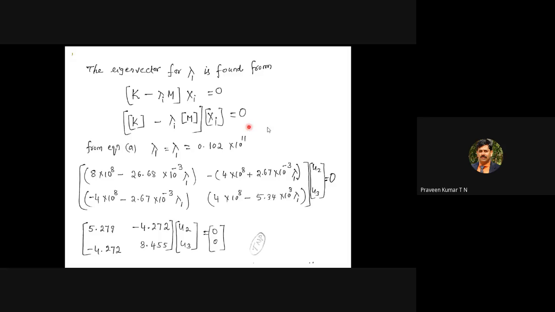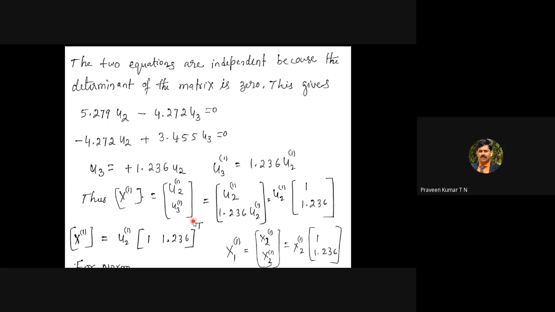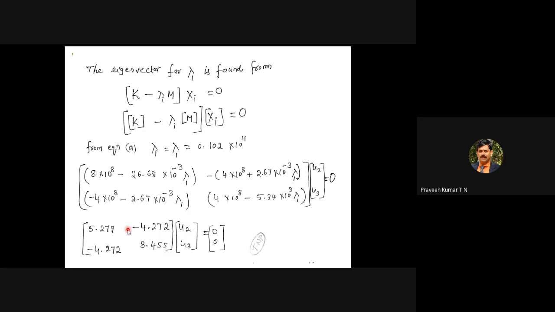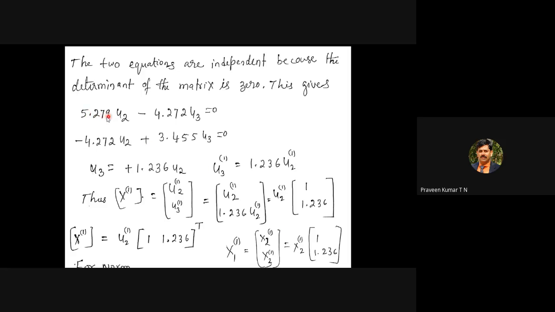So here we have U2 and U3. You are not going to find out U2 and U3 separately, mathematically. You are getting the relationship between U2 and U3. What is the relationship? We have a 2 by 2 matrix. Once you simplify this, if we expand it, 5.279 into U2 minus 4.272 into U3 is equal to 0.